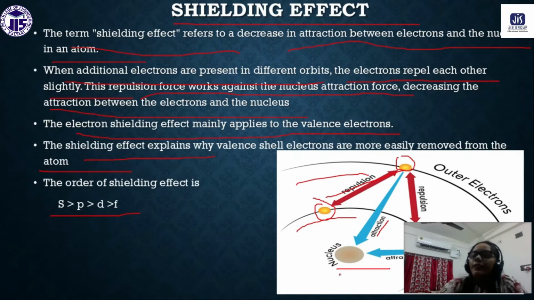Now, what is the shielding effect? Look, this is our nucleus, and around the nucleus the electrons are revolving.